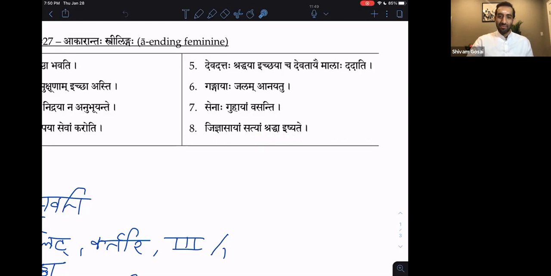Once upon a time, when we were studying seventh case, we saw there's something called sati saptami. Sati saptami means when something is happening. Now the word sati may be there, but the word sati will decline also, sometimes.